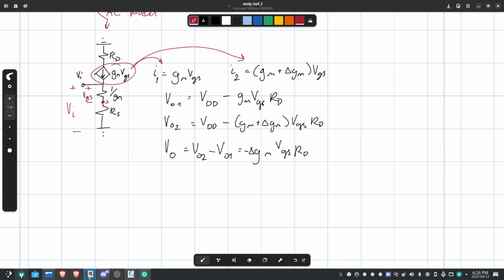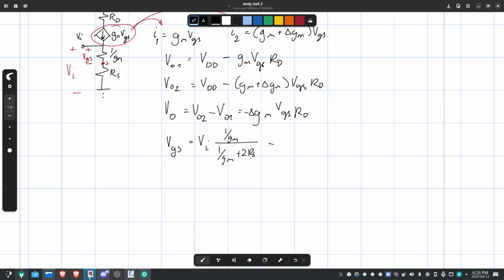This is a voltage divider, right? We're trying to find the middle voltage between two resistors. And so we can determine that VGS is VI times 1 over GM over 1 over GM plus 2 RS. And we can simplify this by multiplying everything by GM. You get VI over 1 plus 2 RS GM. Just multiply by GM.